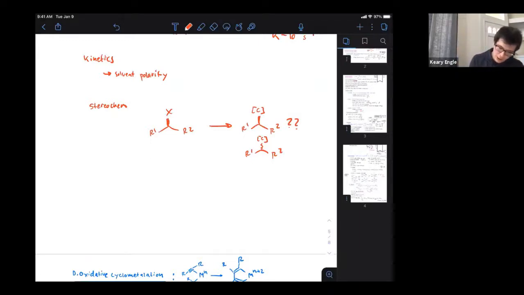And so along these same lines, another trick that people like to do is to take a norbornene where the halide is up or down, and if these converge to the same diastereomeric product ratio, then that would be evidence of a common intermediate, and that common intermediate is likely to be a radical.